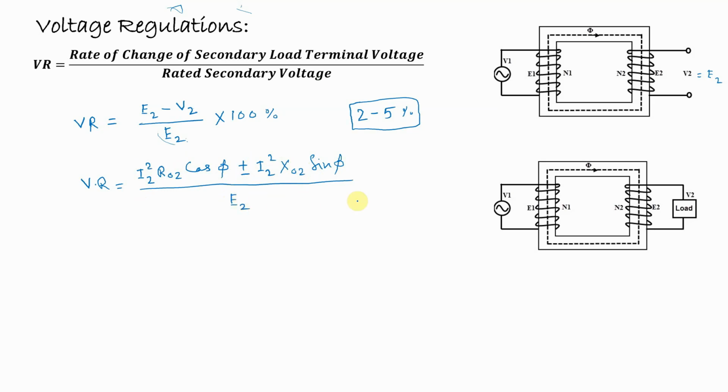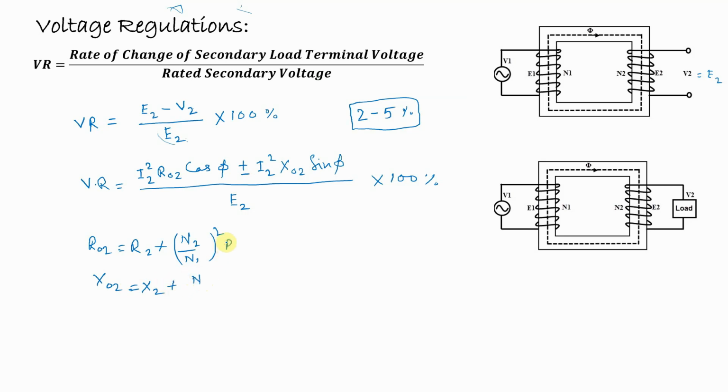So this is basically the formula to calculate the voltage regulation. Here I2 is the secondary current, R02 is the equivalent resistance of the transformer referred to secondary, that we have already discussed earlier also. Similarly, X02 is the equivalent reactance of the transformer referred to secondary side.